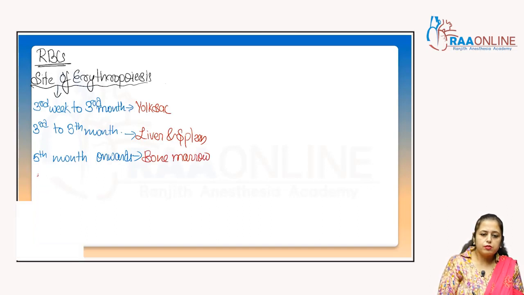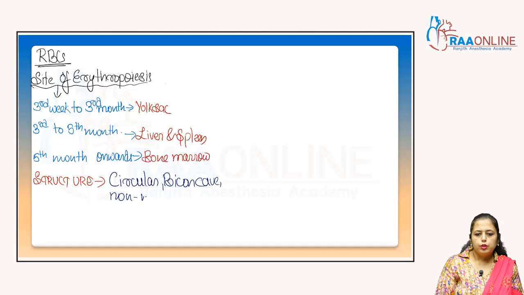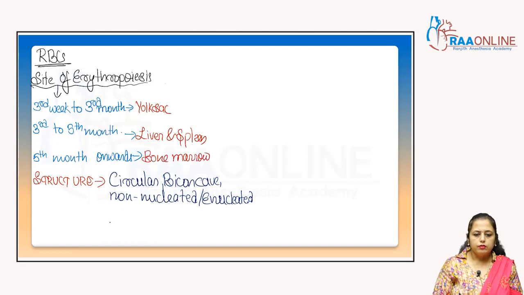When we talk about the structure of RBCs, it's circular, biconcave, non-nucleated, or we can say enucleated, right.